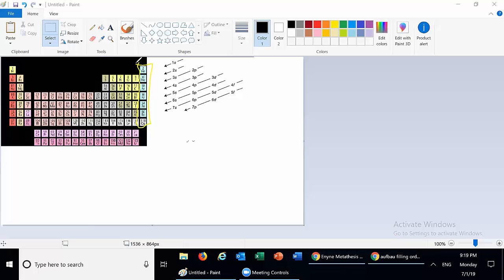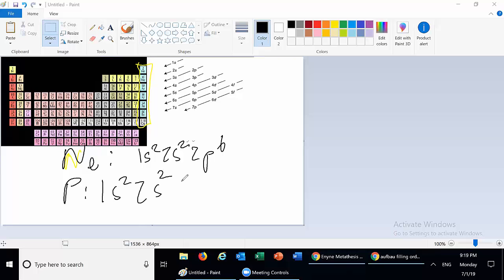To illustrate, let's start with neon: 1s2, 2s2, 2p6. Now let's do phosphorus: 1s2, 2s2, 2p6, 3s2, and then 3p3.